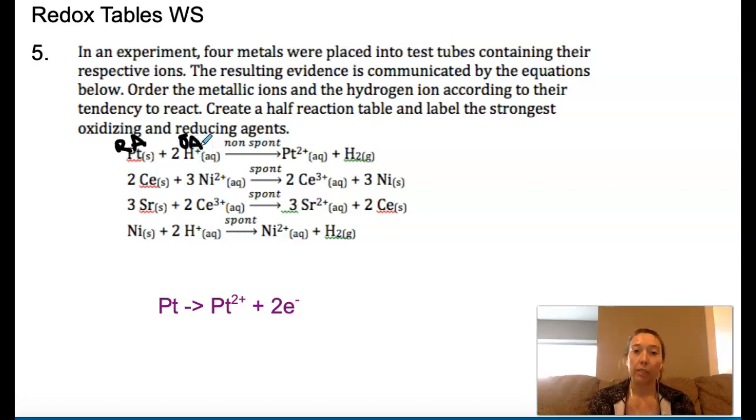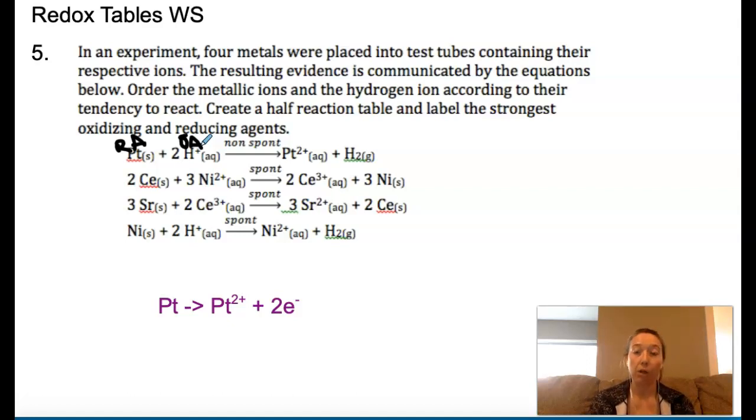Okay, so let's do the same thing for the next one. Let's start by assigning all our OAs and all our RAs and then go to the next step for all of them after that. We're going to look at the next equation now. We have Cr solid, and it goes into Cr3+. Well, that follows the same pattern. We went from no charge to a positive charge.